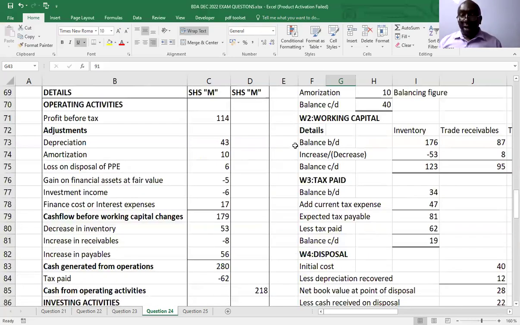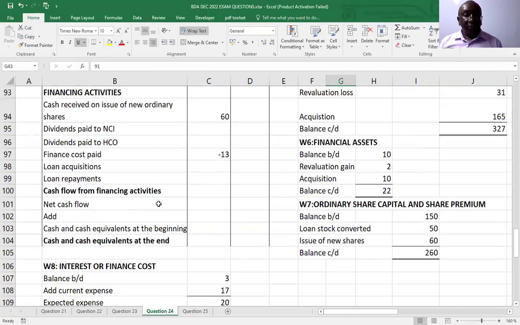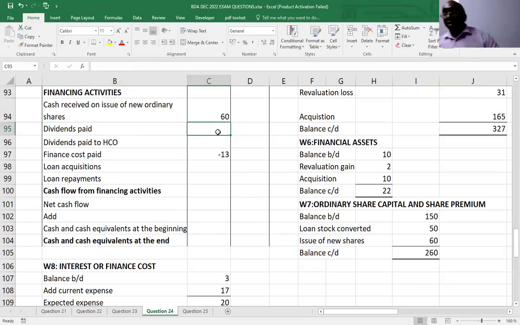So let's come here and have a working. Remember, these workings is not a must you write the way I'm writing. You can just pick these figures, you just put the formulas here. Like now, this way. So now that I don't know who was paid the dividends, I just come here and nitoe hii NCI. I say dividends paid. So if you want to avoid the working, although tutaichora, I will just come here and say equals.